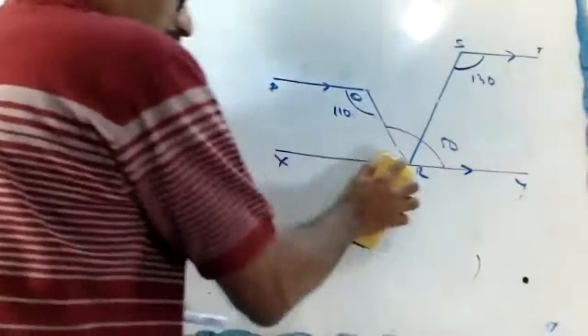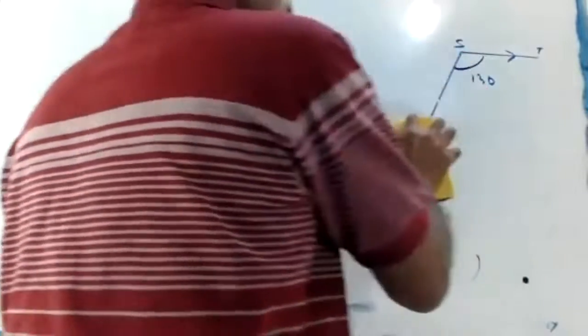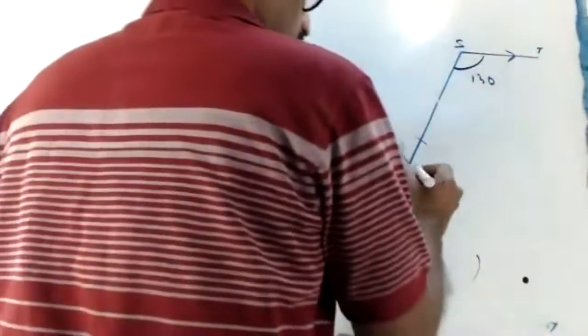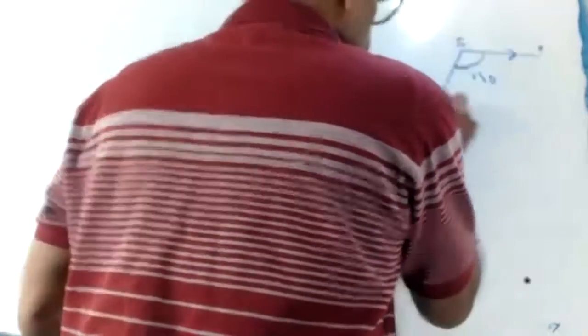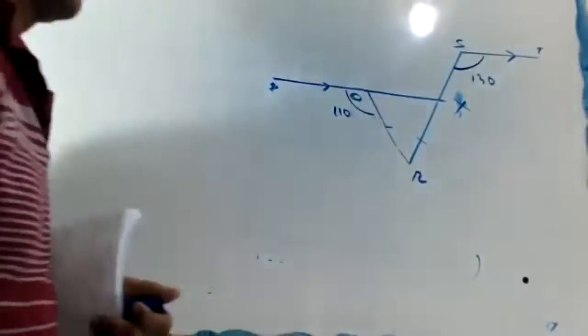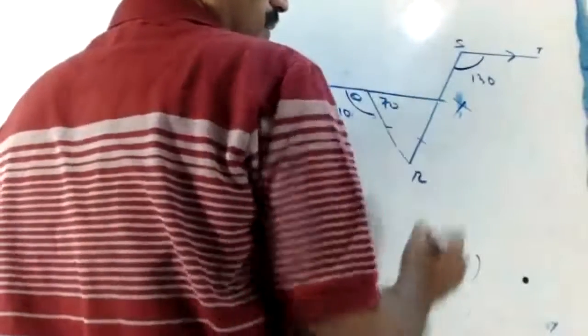Look at here. We don't want this one. Okay, look at here. Another method I'll show you. Look. This is R. Just join, extend here. It intersects at X. This angle how much? 70.